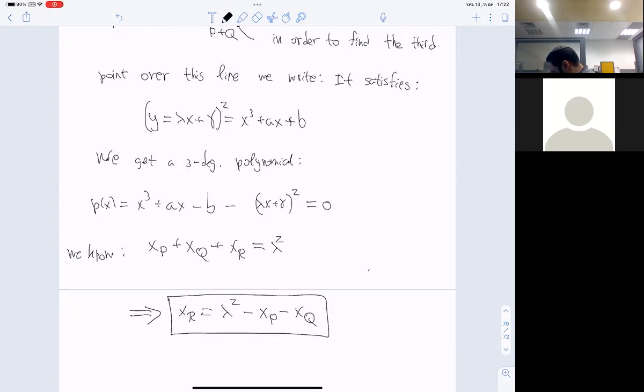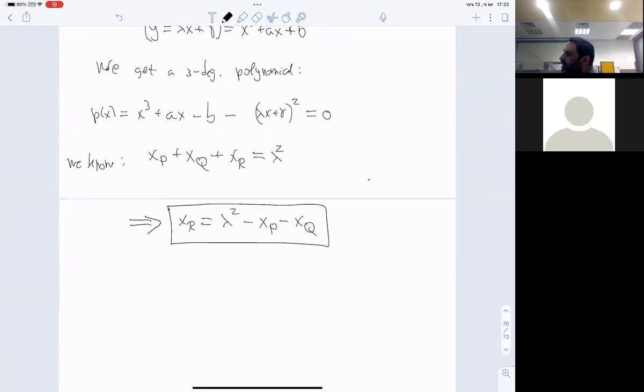Now, in order to find the y, it's just to put it on the line, because of course, again, delta y divided by delta x is the same slope.